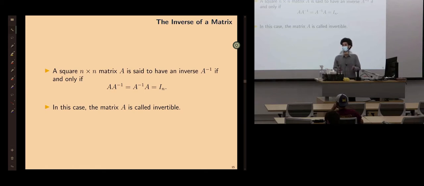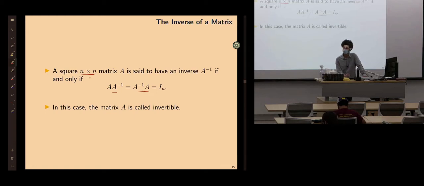Now that we learned the identity element, we are able to define the inverse of the matrix. Suppose we have an n by n matrix, A. We say A has an inverse if A inverse multiplied from both right and left gives you the identity matrix.